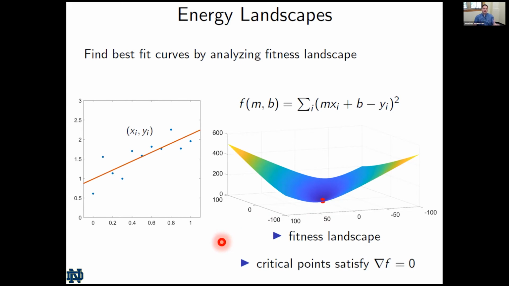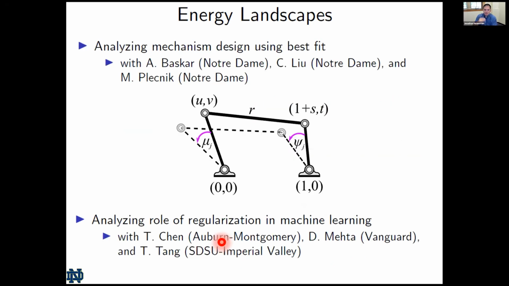So now instead of lines, we want to look at different objects, different curves that fit our data. In particular, we want to look at curves which are drawn by mechanisms. So we have some mechanism. As I turn this angle here, this angle is going to be the response.